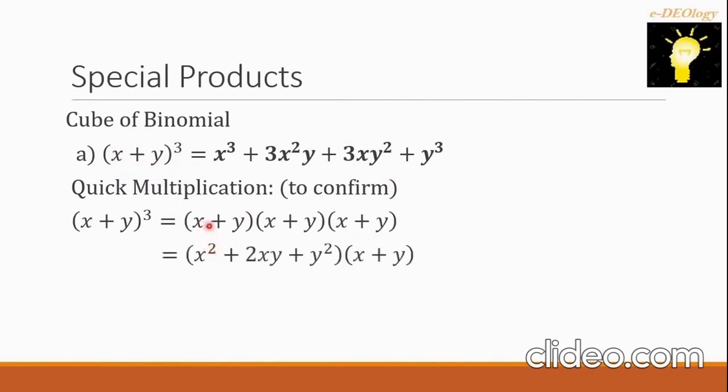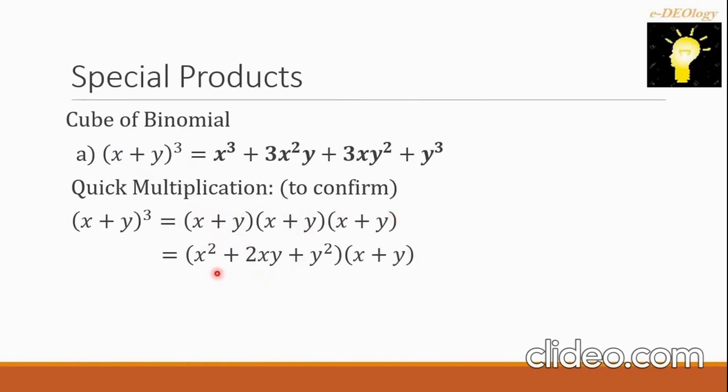And then this x plus y times x plus y, we can simplify using our special product of square of two terms. So we can have this x squared plus 2xy plus y squared. And then the x plus y is copied here.